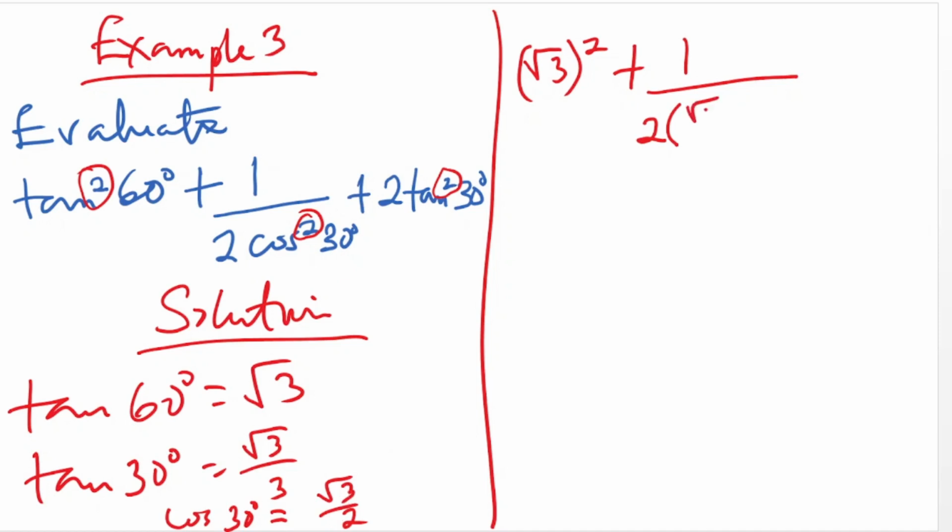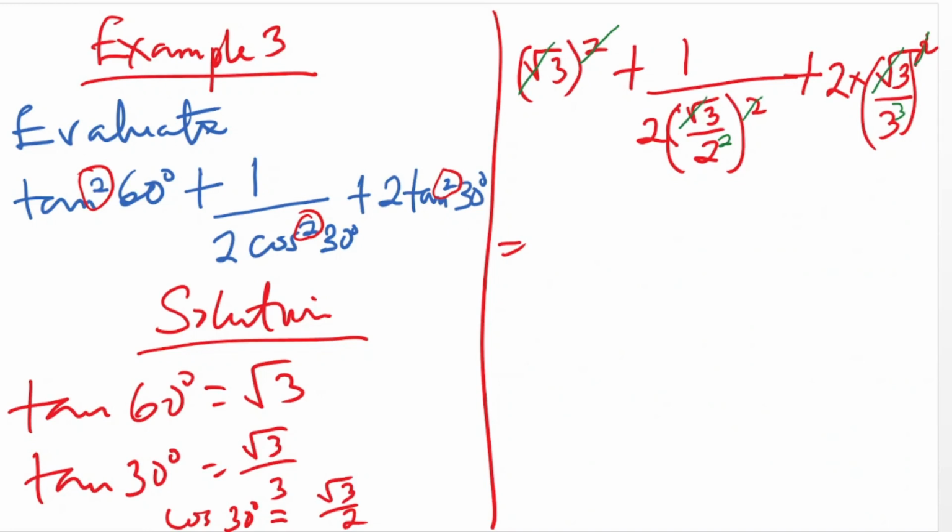Everything we're going to square. I hope I'm making sense. Plus 2 tan square 30 degrees. Tan 30 degrees is root 3 over 3, so this one is also root 3 over 3 squared. So let's now solve it.